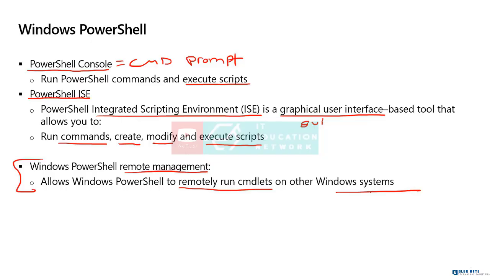I just had a project where we needed to get the serial number and model number for about 3,000 monitors so they could get loaded into this asset management utility. The easiest way to do that was to remotely run some PowerShell commands that would query all the computers in the environment, and it would take all that information, and ultimately it wrote it all back to a spreadsheet. So that remote management is useful for numerous scenarios.